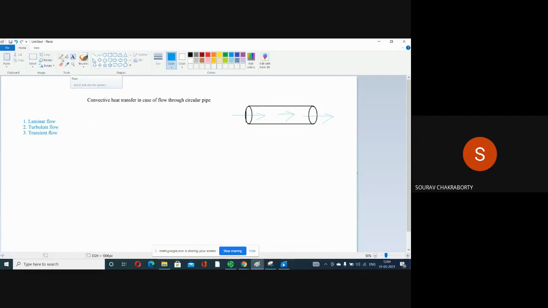So first of all, we'll see the conditions for this flow. If your Reynolds number, NRE, is less than 2100, in that case it will be laminar flow.